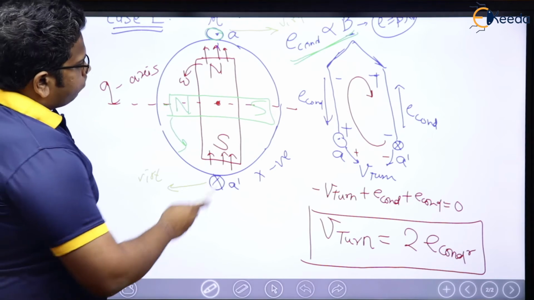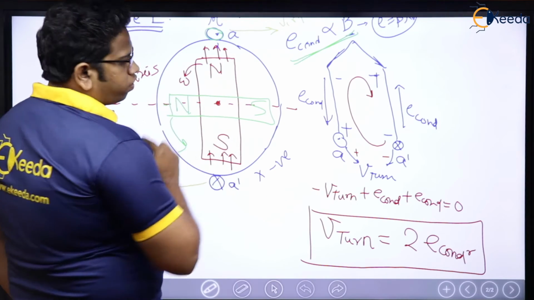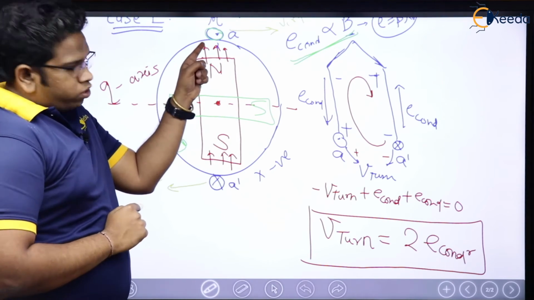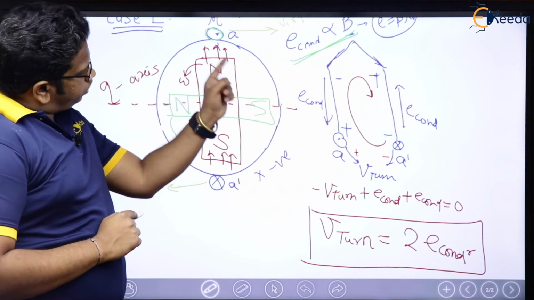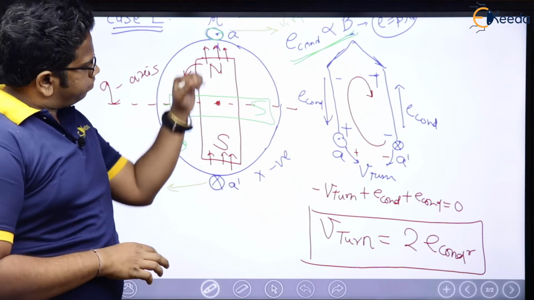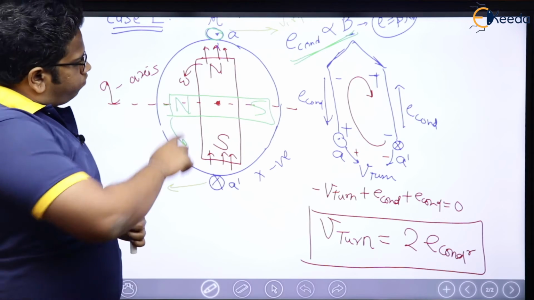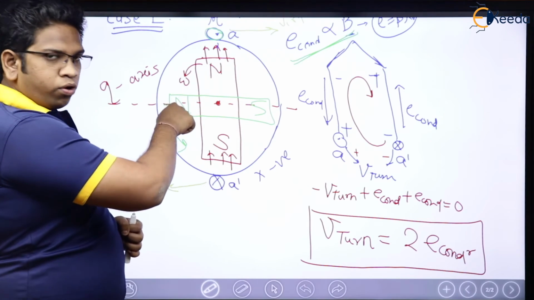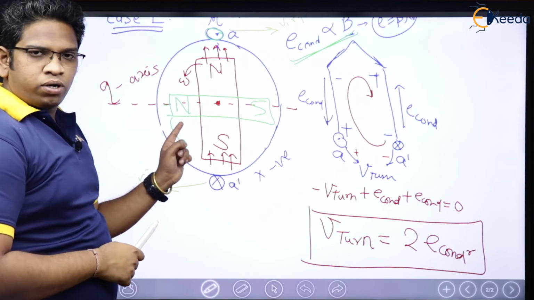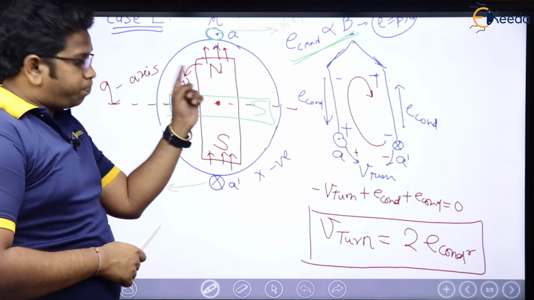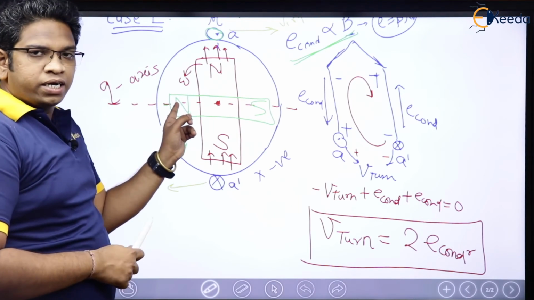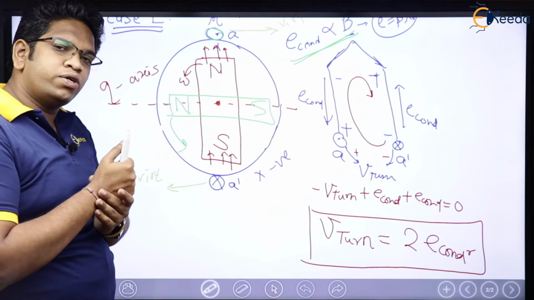When this was the north pole of the rotor, there was maximum positive induced voltage in this conductor A. When this north pole got displaced in space by 90 degrees, this conductor's EMF became 0.